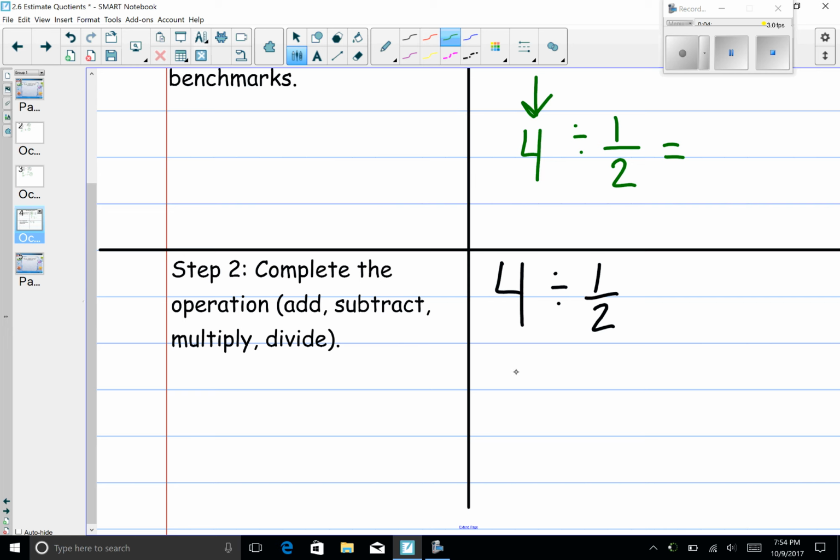So if I write this out, 4 becomes a 1 and I keep it. This changes to multiplication, and I'm going to flip the 1/2. And so when I go to solve it, my estimate is going to be 8 because 4 times 2 equals 8 and 1 times 1 equals 1. Once you have this copied down, continue to hit play.